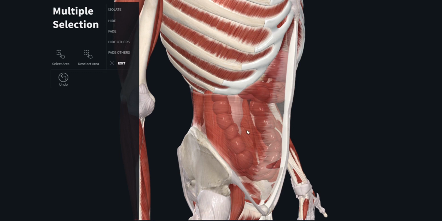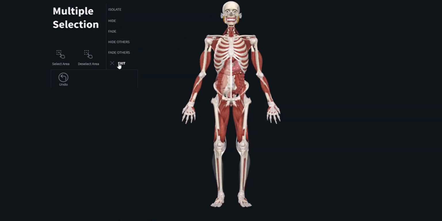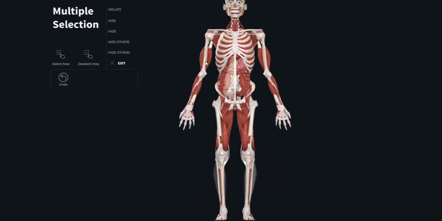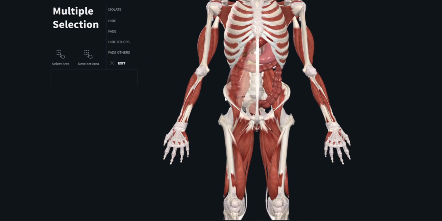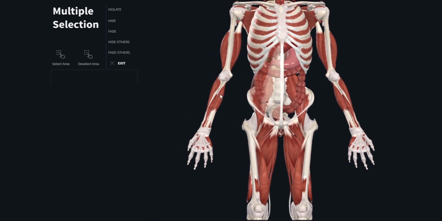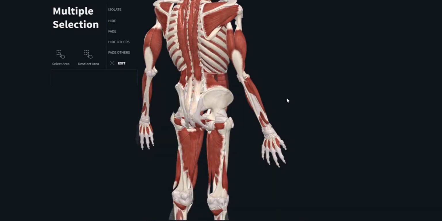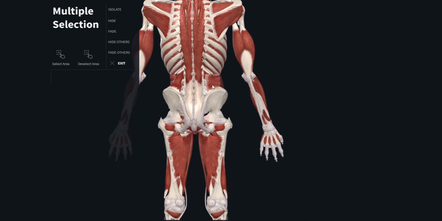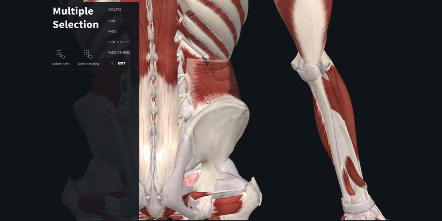That is the transverse abdominis muscle. If you look at this entire structure posteriorly, let's rotate the structure, we can notice the quadratus lumborum. The small muscle right here is known as the quadratus lumborum.